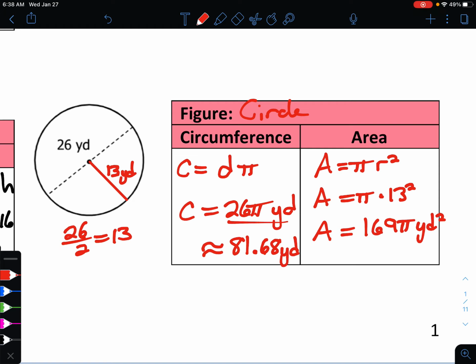But if you wanted to find that as a decimal, so maybe now you want to know how much is the area in case you were going to paint inside this circle or maybe something like that, then obviously you can still type that into your calculator. You're going to find that it's about 530.93 yards squared. But again, for this class, we're going to leave it with pi in our final answer.